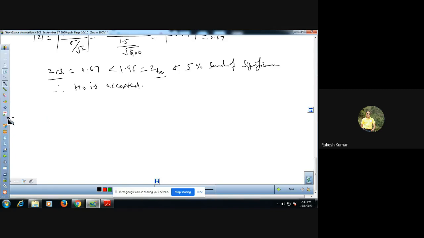Let us do one more question. An ambulance service company claims that on an average it takes 20 minutes between a call for an ambulance and the patient's arrival at the hospital.